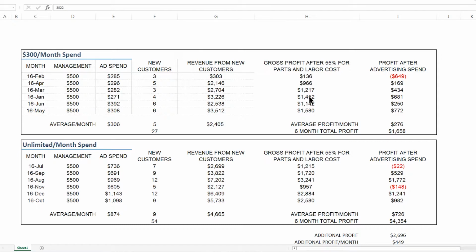I know that, and for every shop this is different, but my gross profit after a 55% expense for parts and labor cost, right? And by labor I mean my service advisor, my team of service advisors, my team of technicians, and then my parts cost, right?